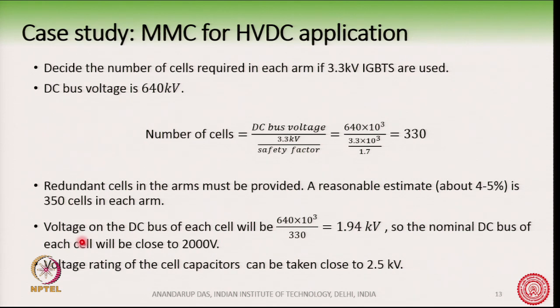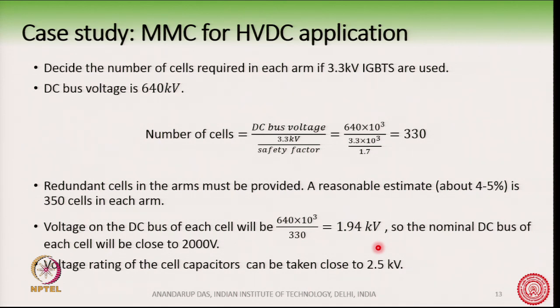The voltage on the DC bus of each cell, if we use 330 cells, will be 640 divided by 330, so 1.94 kV. The nominal DC bus voltage on each cell will be close to 2000 volts.